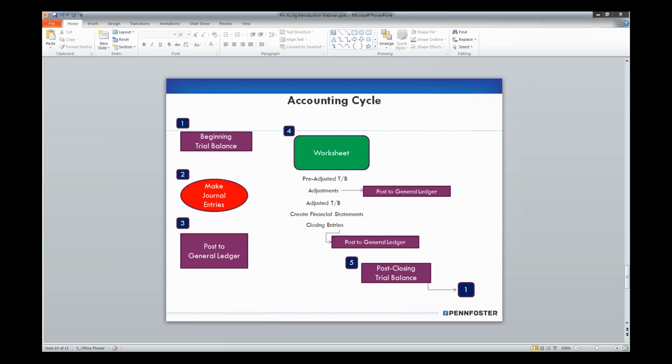When I take this debit to whatever account that is, let's say it's a cash account, I have to make sure I'm putting that amount on the debit side of the cash account. Let's say it's $100.